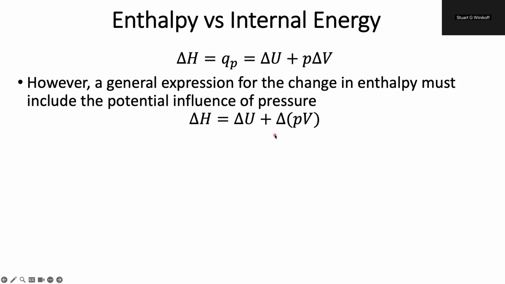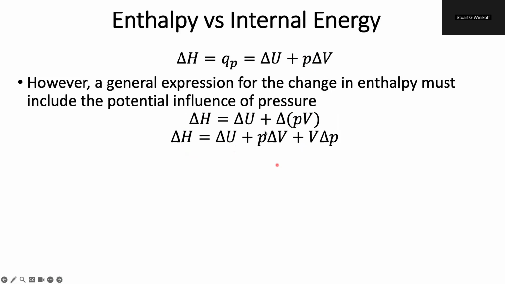Now, there's a useful bit of calculus we can do when I have change of a two-property system. I can calculate this by holding one variable constant and then holding the other variable constant. So we can get the change in enthalpy is the change in internal energy plus that P delta V that we had before.